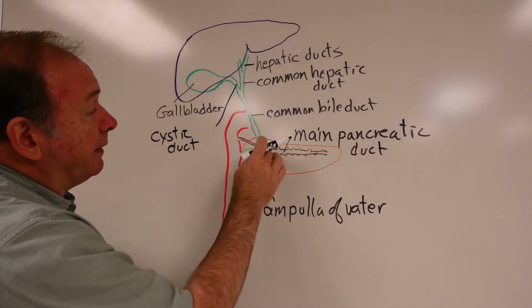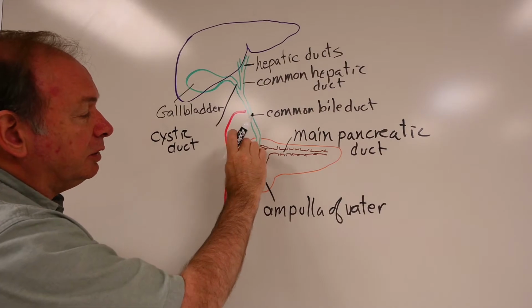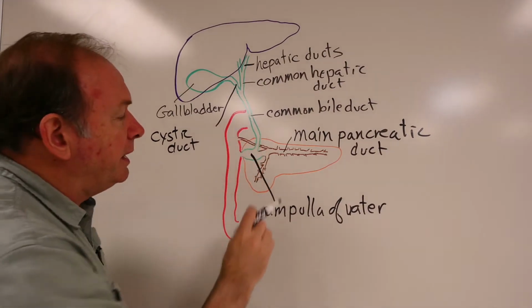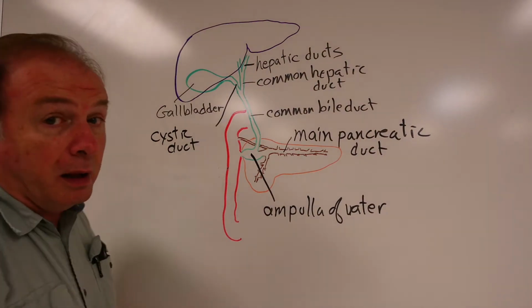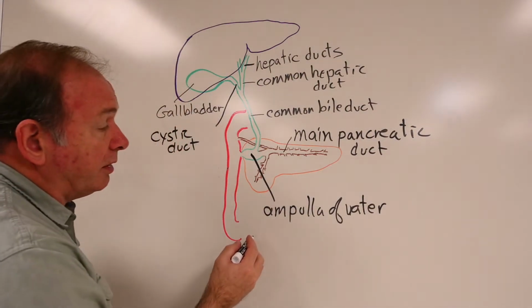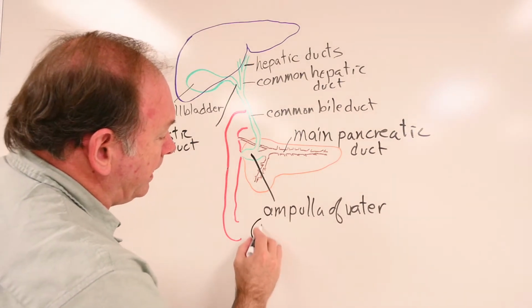So that's where the bile and pancreatic secretions come together into a little swollen part of the duct before it enters into the intestine. The ampulla of Vater is also known as the hepatopancreatic ampulla.